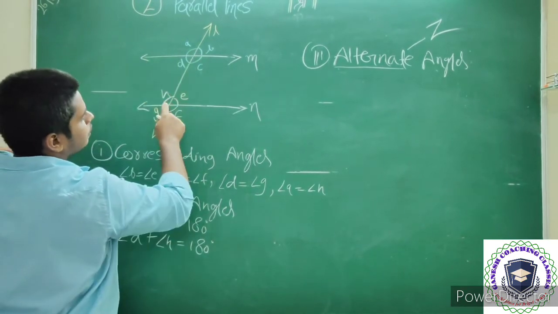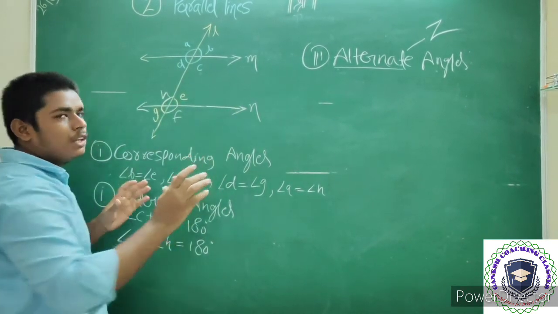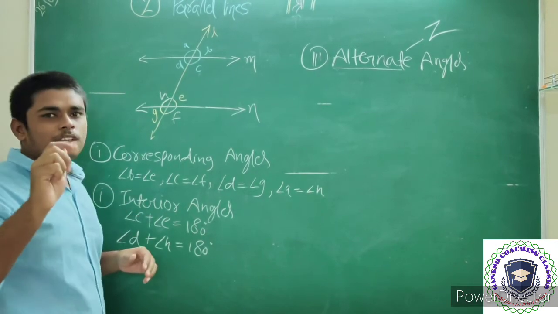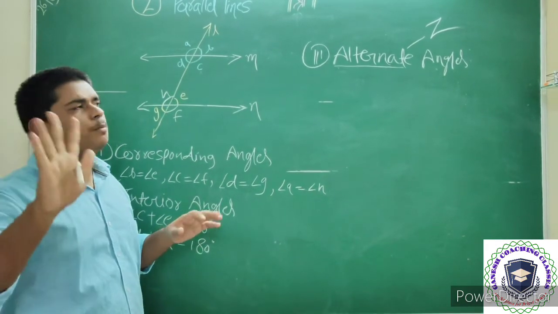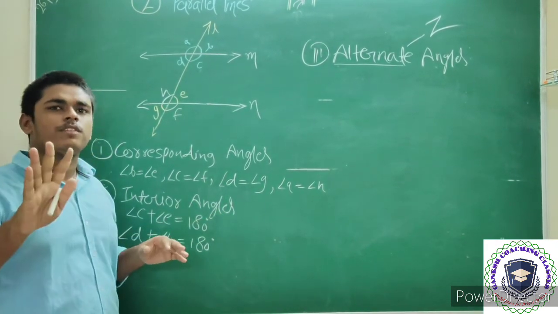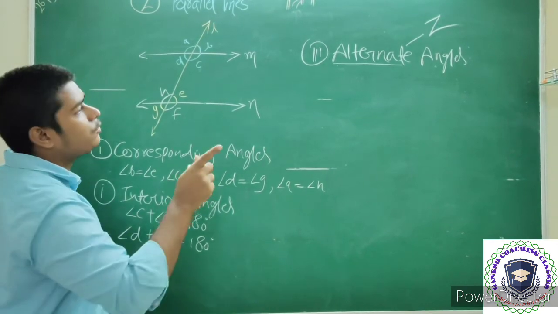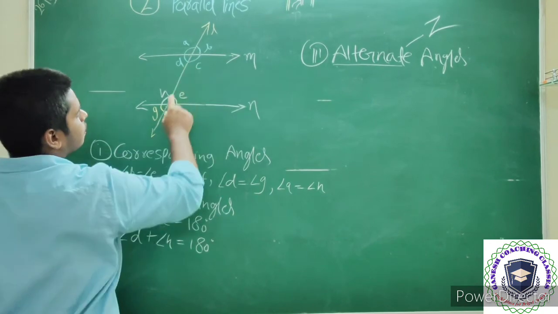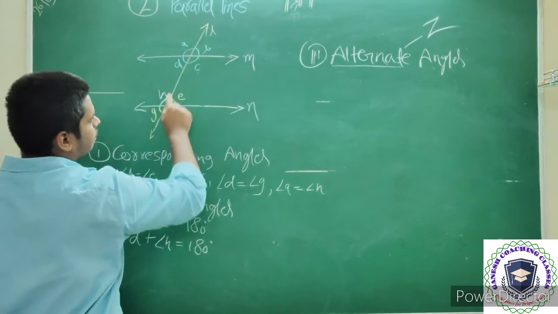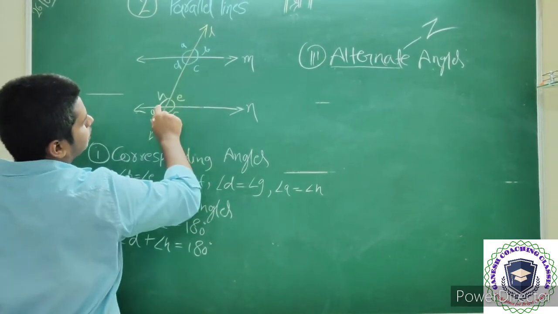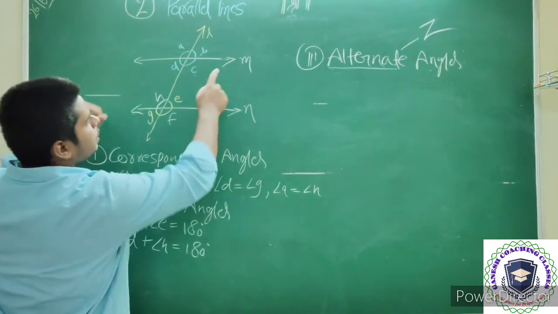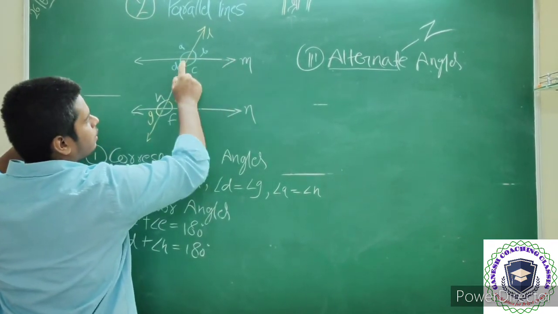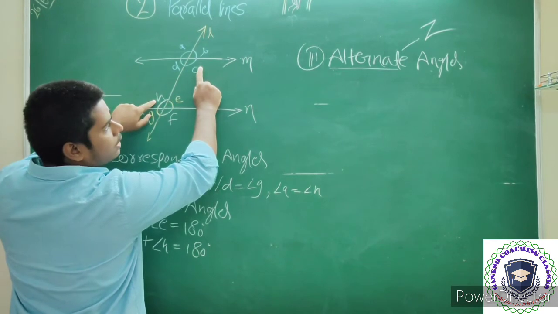First one is this one. Here the shape and the orientation of Z may be the same or different, but we have to consider Z only. So as we are seeing, one Z is this, and the second Z is this. Between the first Z, when we are tracing, which two angles lie?